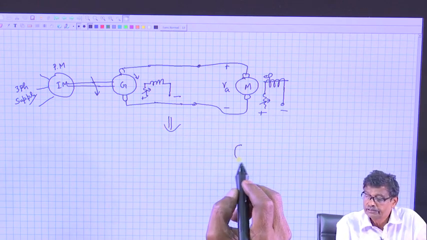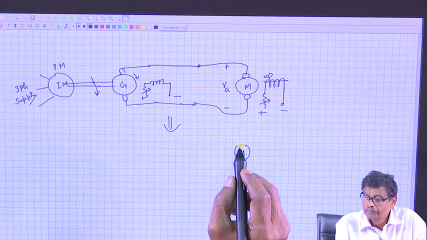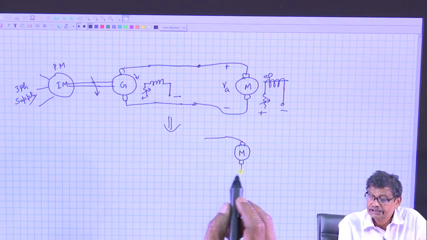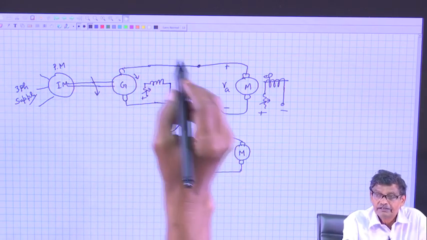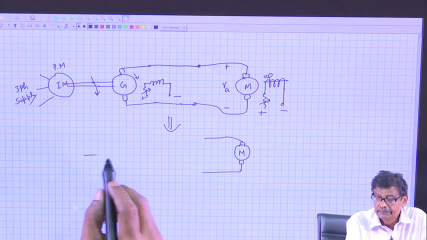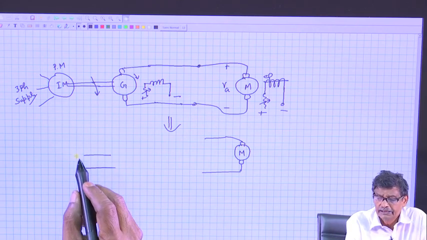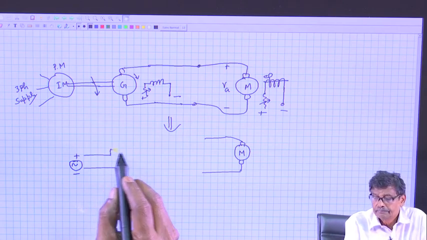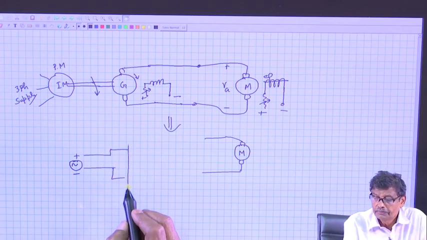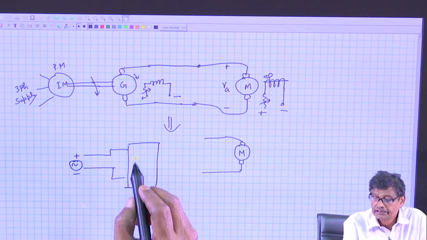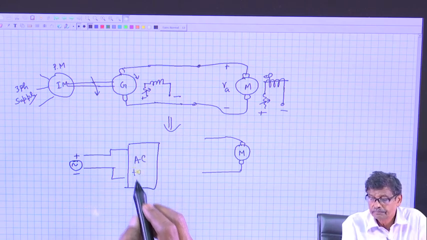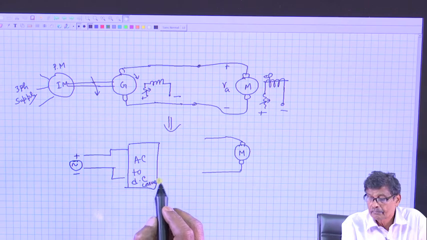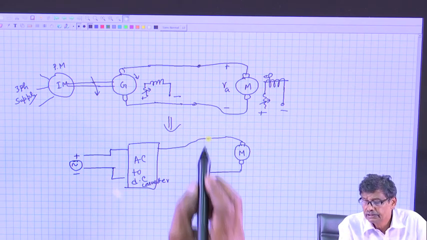What you do is this now, because otherwise it is a very nice method. This whole thing will be replaced by AC supply, maybe single phase supply, then a block, AC to DC converter, and then apply it to this motor.